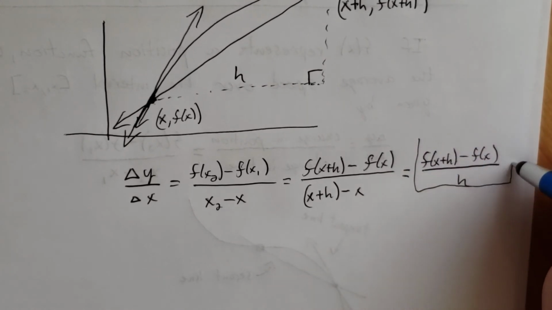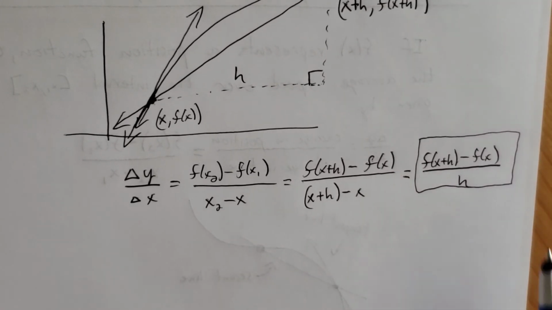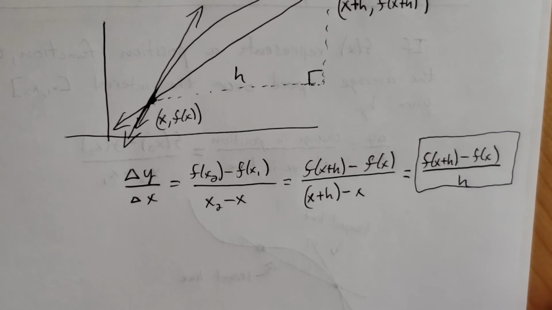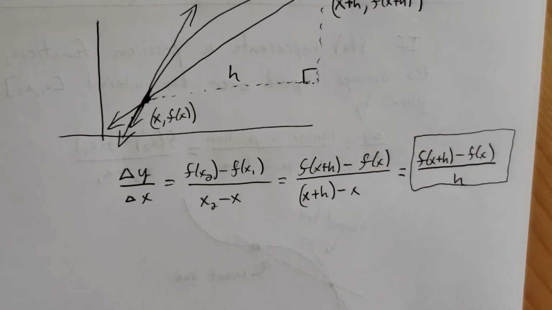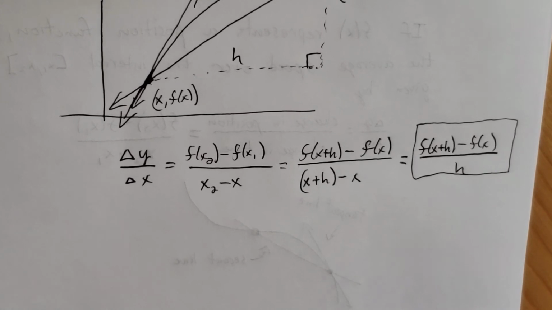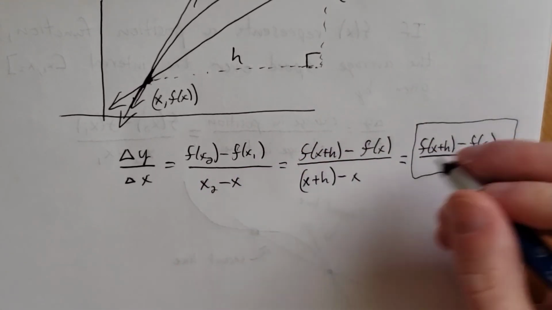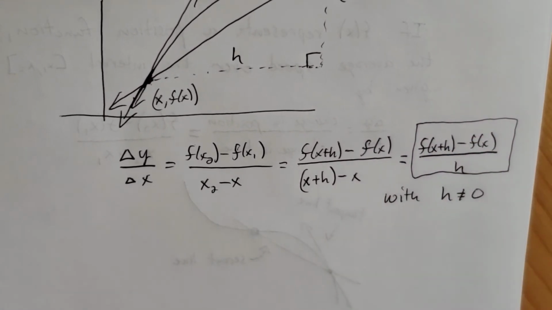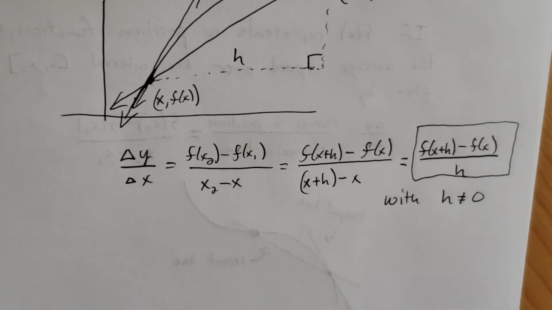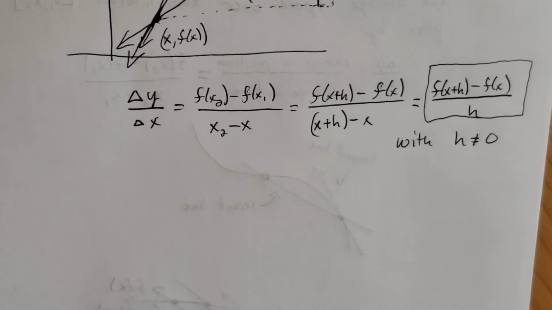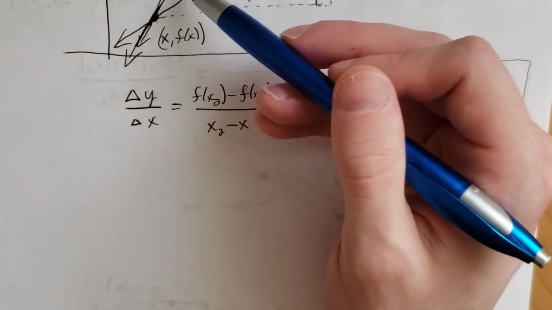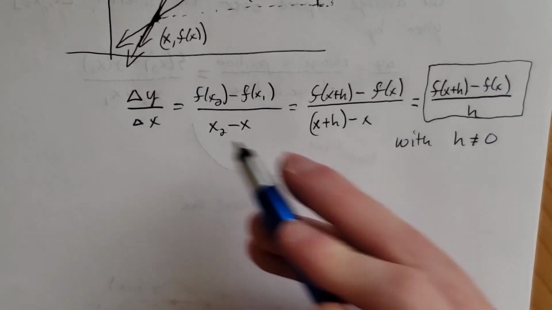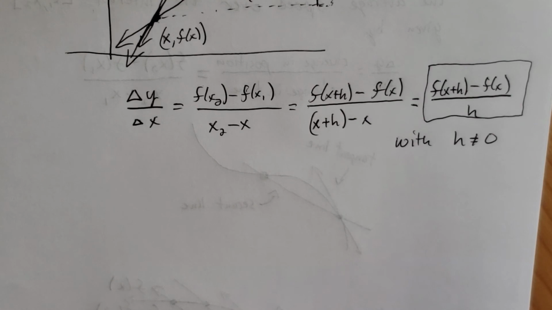So we get a nice formula here that is the slope of a secant line with a change in your horizontal distance of h. So that's the length of your interval. And of course we want h not equal to 0 because we can't have 0 in the denominator. But our formula for finding the instantaneous rate of change, or the slope of this tangent line, is to take this formula and we let h approach 0.